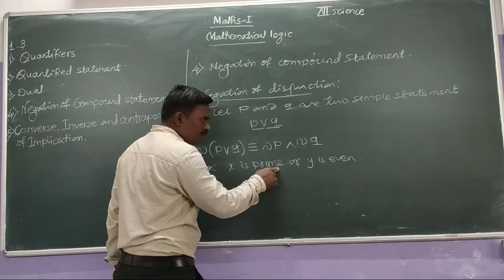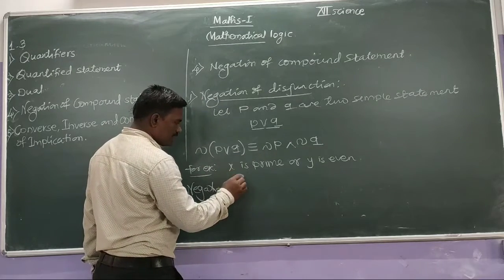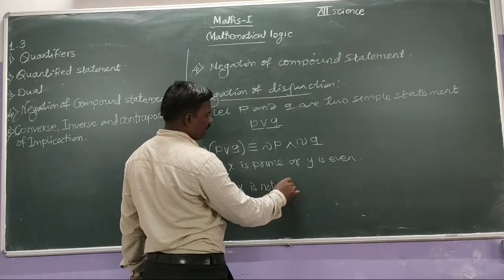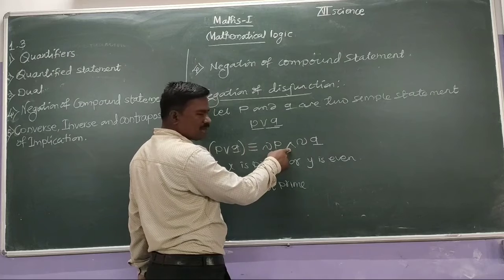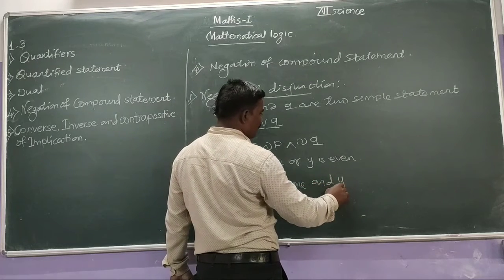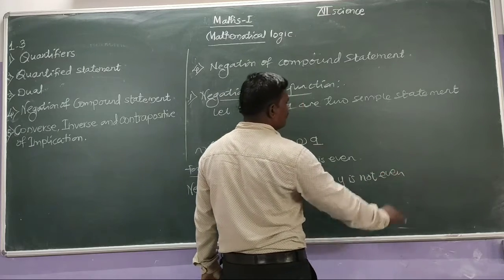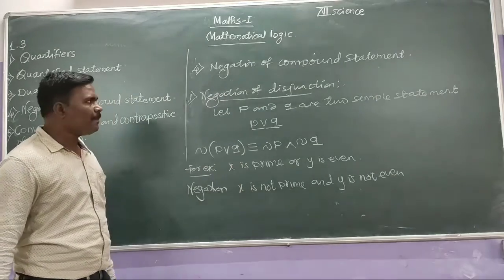Suppose this is p and this is q. Therefore negation of p is x is not prime, the disjunction is replaced by a conjunction, that is or is replaced by and, y is not even. That is the negation of this compound statement.